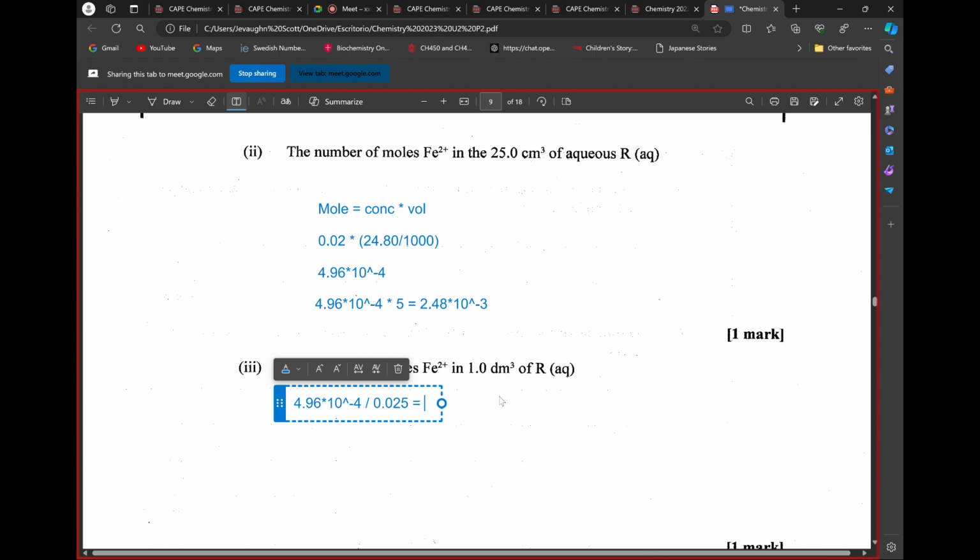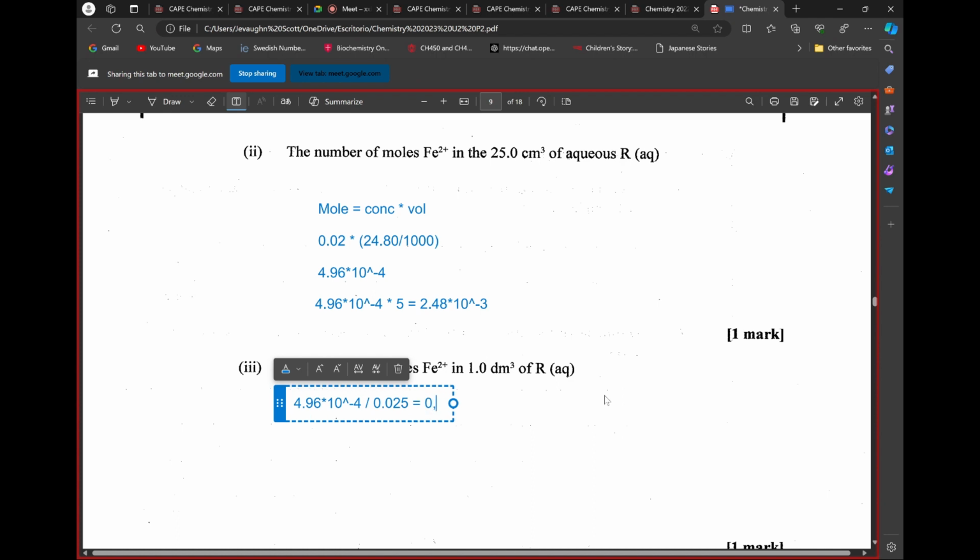And that would be 0.0184. Or you could make it exponential. Sorry, wrong. It would be 0.01984. But you could make it exponential.